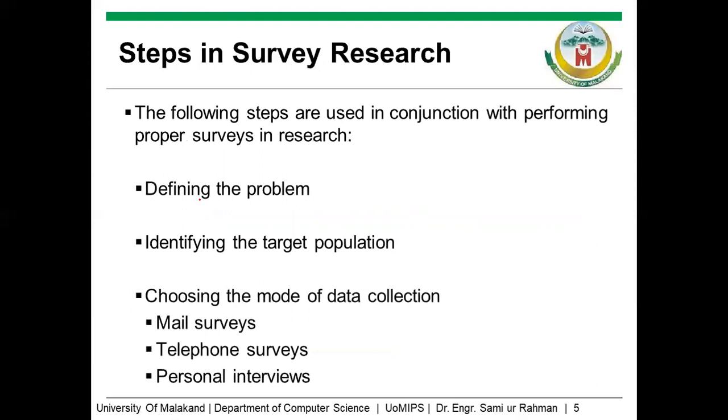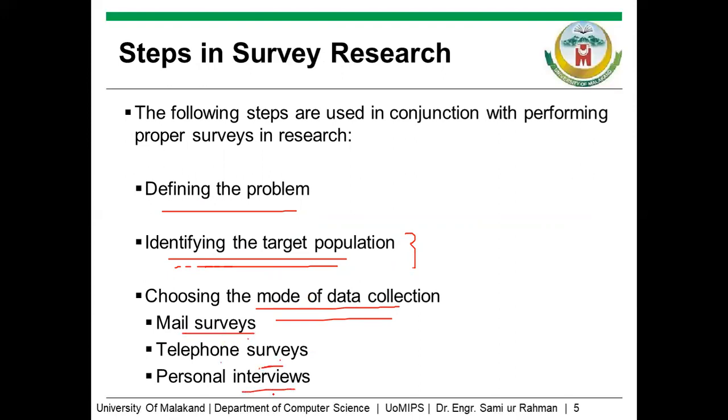So first we define the problem, what is our problem, then we identify what will be the target population, and then we also select the sample, as we can't access the whole population set, so we select the samples, and then choosing the mode of data collection, that is how we will collect data. So it can be in the form of a mail survey, telephone survey, or personal interview. So there are different techniques that can be used in survey research.